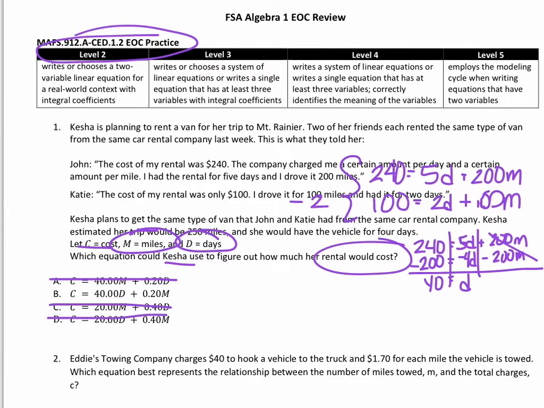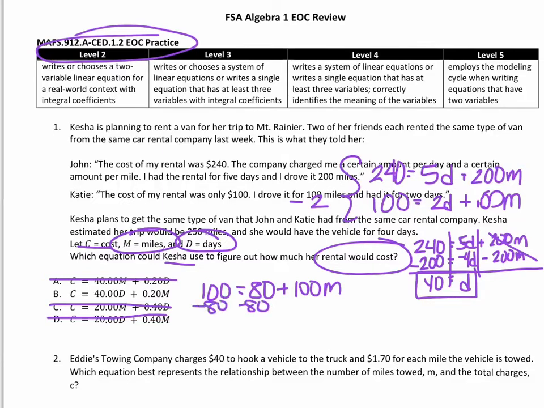Missed that bottom one. You could have gone ahead and figured out how much it costs per mile by substituting the $40 in, and we're going to double check. So I have 100 equals 2 times 40, which is 80, plus 100 M. So I subtract the 80 from both sides.